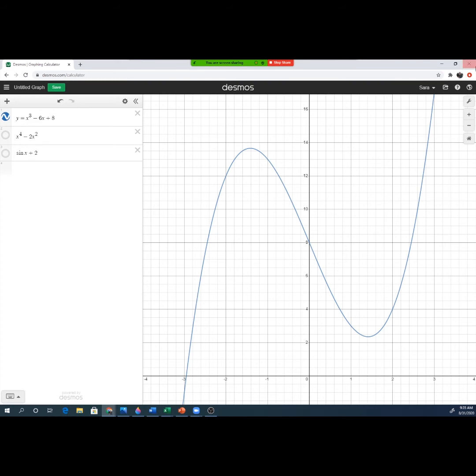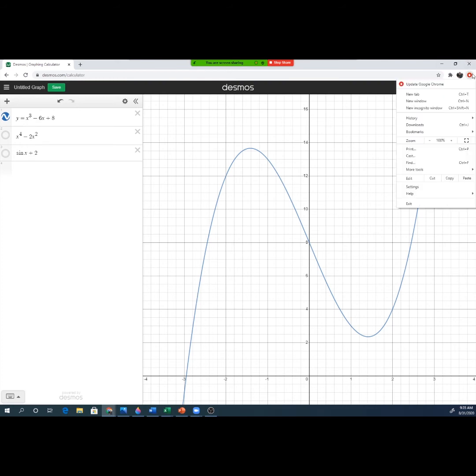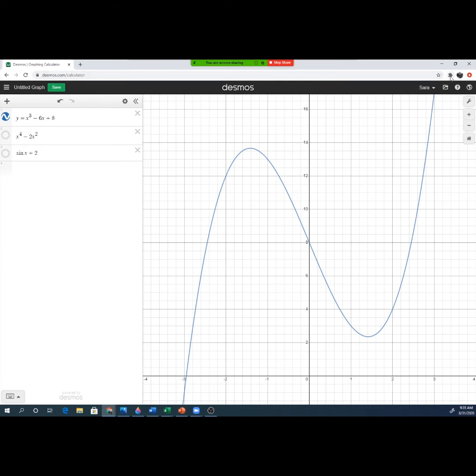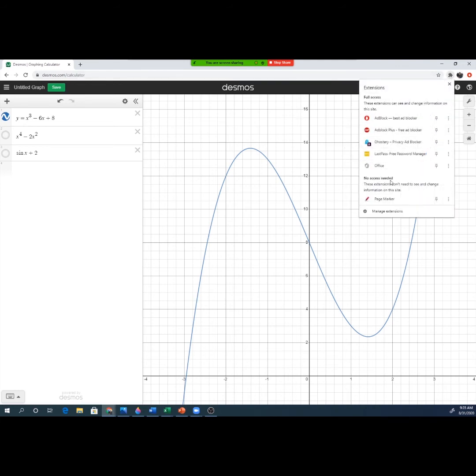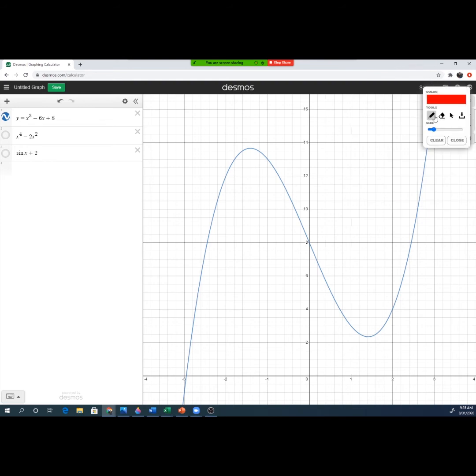We just went through a bunch of characteristics. I used to have an extension on my browser, page marker, where I can write on this.